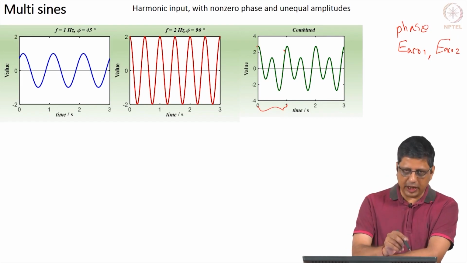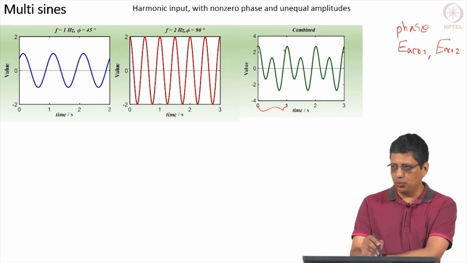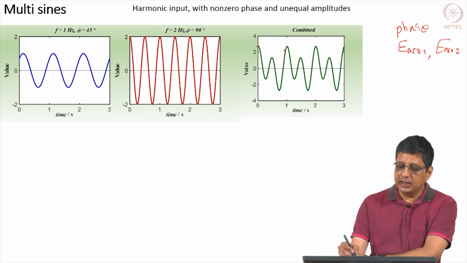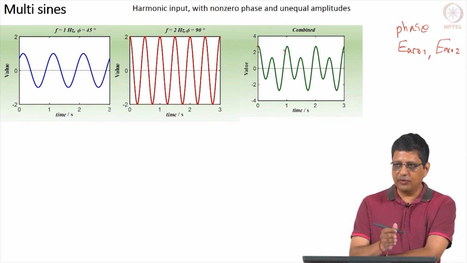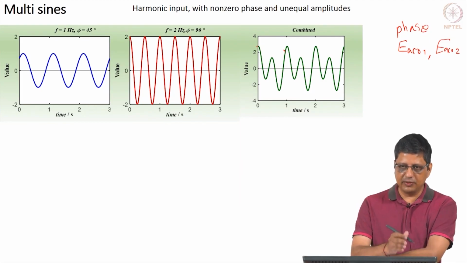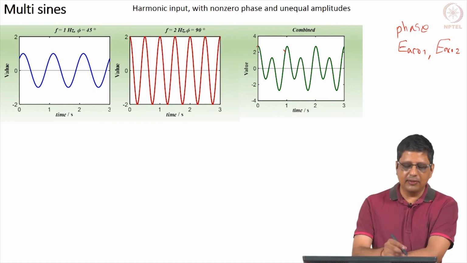I can choose this as 0.1, then this is going to be 0.2. I can choose this as 1 millihertz, this is going to be 2 millihertz. As long as the frequencies of the remaining waves are integer multiples of the base frequency, as long as they are harmonics, the combined wave will have the same period as the first wave.